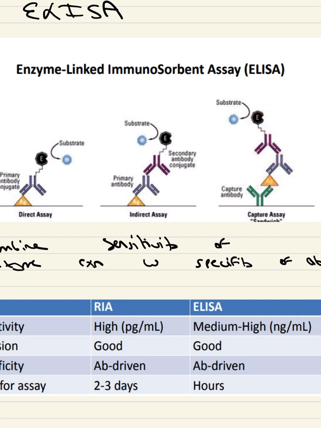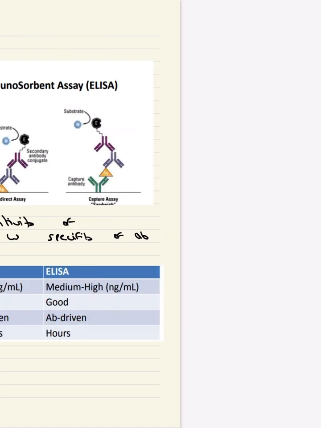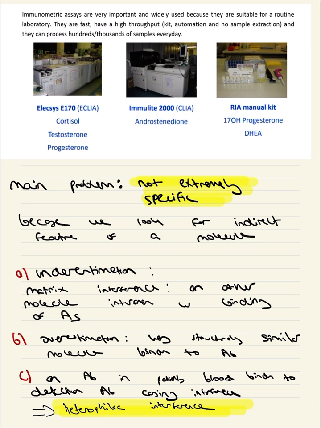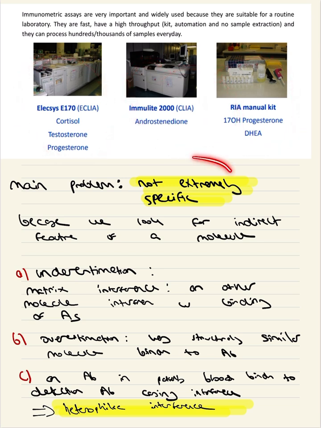So basically, the problem here is specificity, okay? The specificity is not that high. So these are the immunometric assays. You can see some examples, but they are not specific because you are looking for an indirect feature of a molecule. So it can underestimate. For example, you can have matrix interference, which is when another molecule interferes with the binding of the antigen.